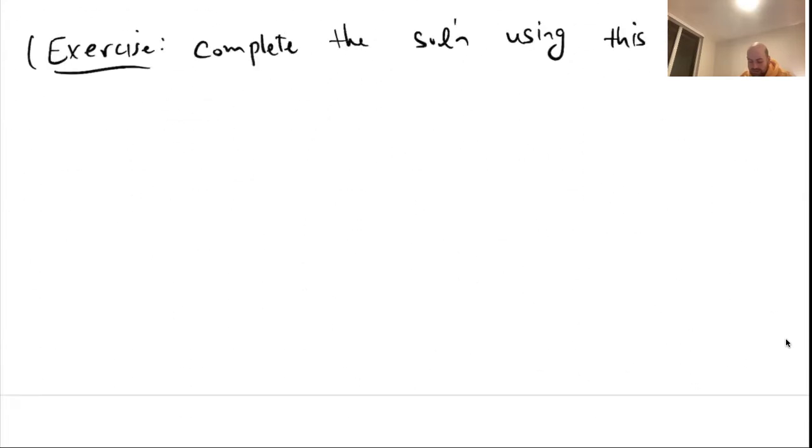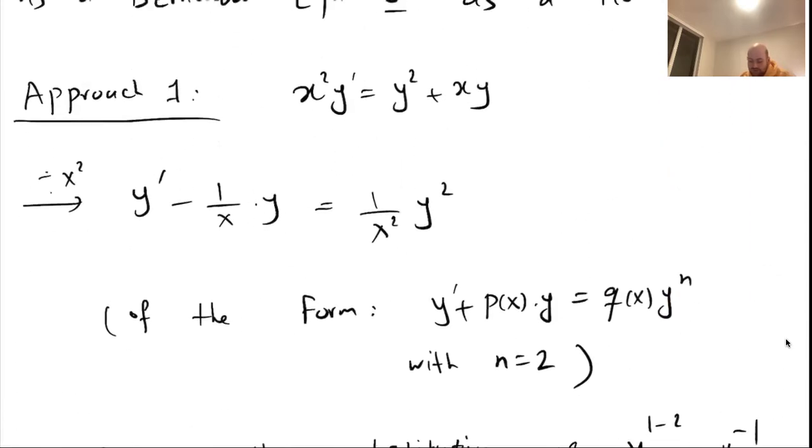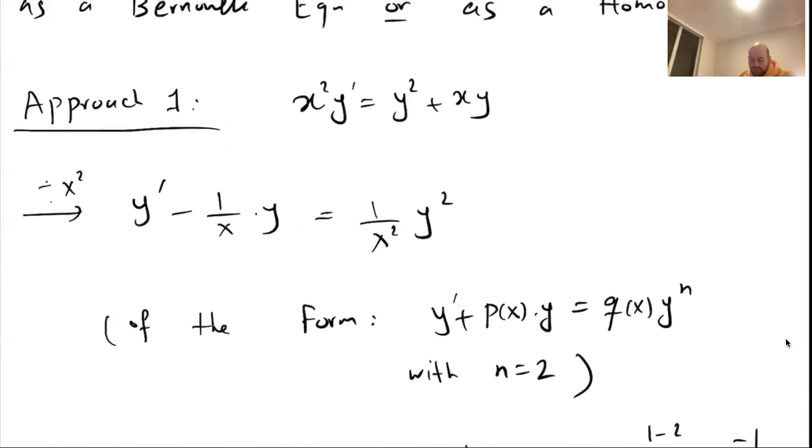And the second approach, approach number 2, we can write it as a homogeneous equation. How can we write it as a homogeneous equation?